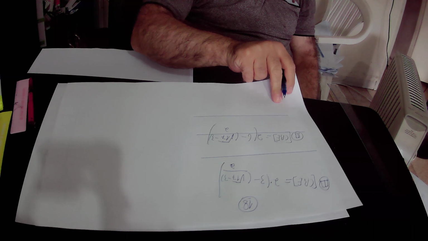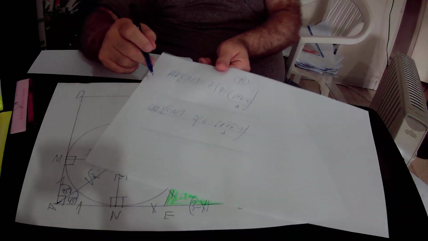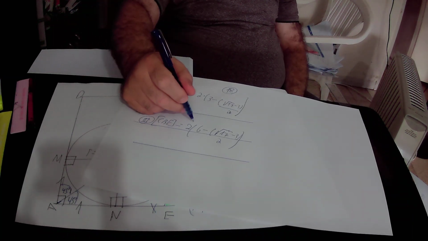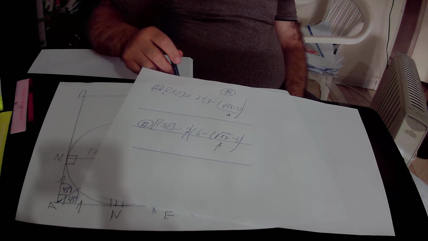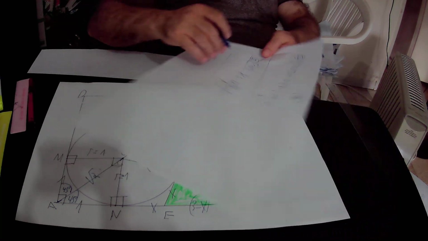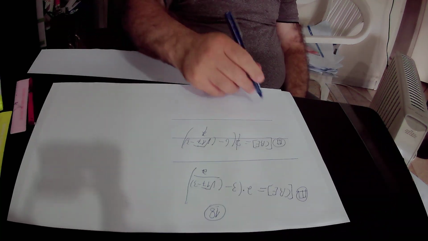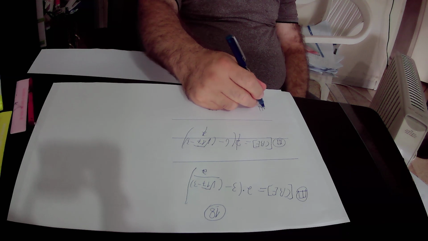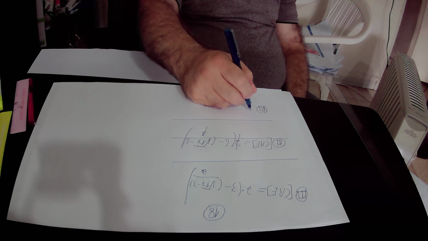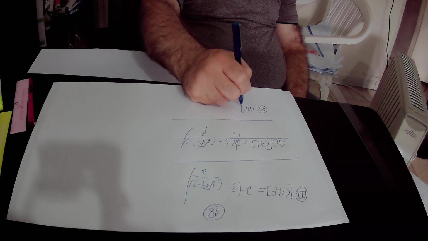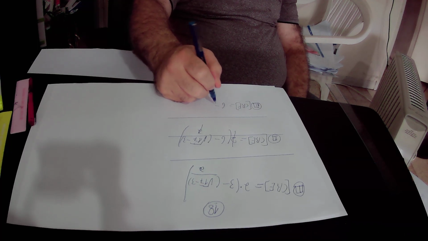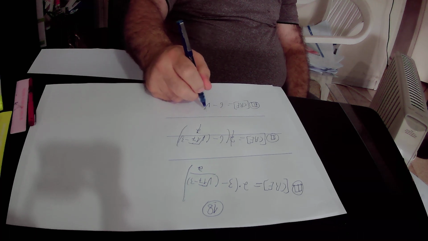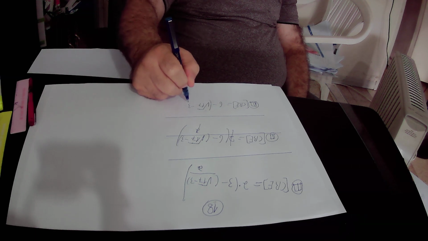So here 2 over 2 is 1, so 2 will get cancelled. And what is left after we cancel 2? What is left is that the area of the green right triangle CBE is equal to 6 minus square root of 17 minus 3.